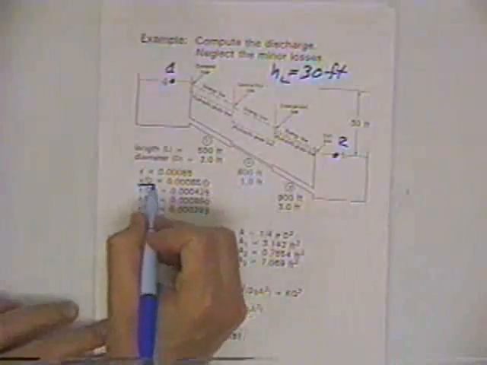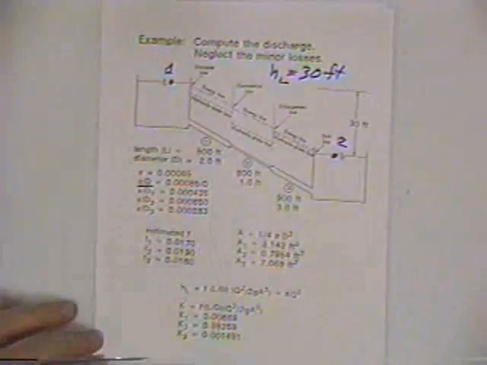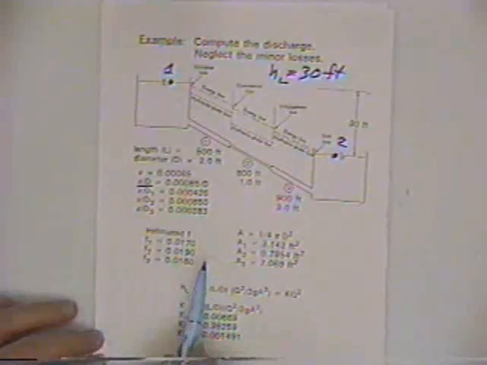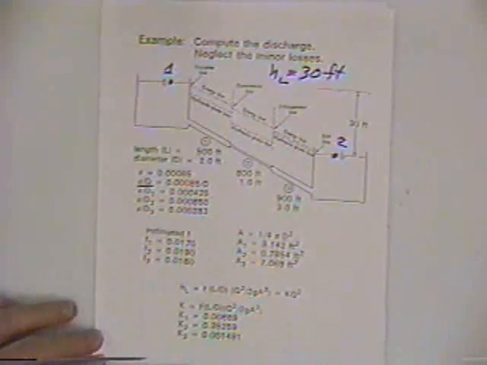So we need a relative roughness. For each of the pipes with the given diameters, we can compute a relative roughness, epsilon over D, which is one of the terms needed in the Moody diagram to get the f for the Darcy-Weisbach equation. Same story as before. The only difference is there's three pipes now. We need to estimate friction factors, so we'll estimate them without the Reynolds numbers and then check them.